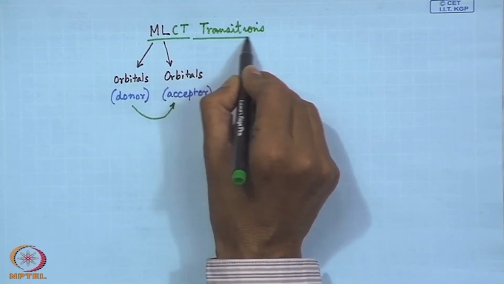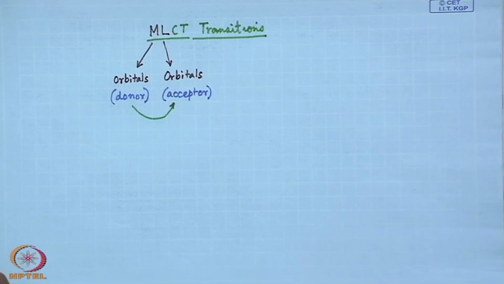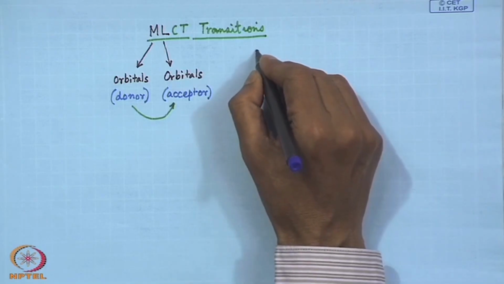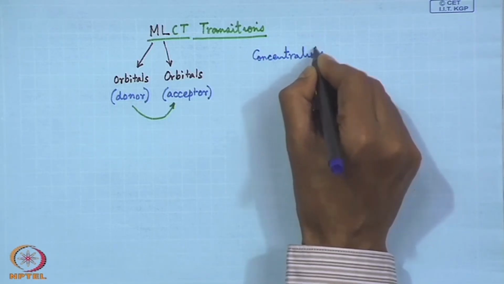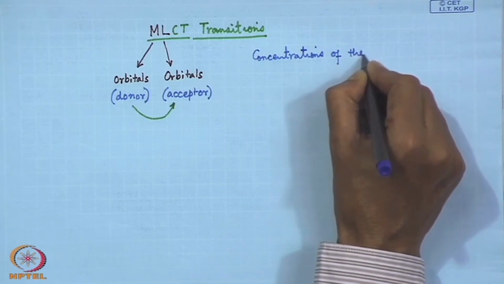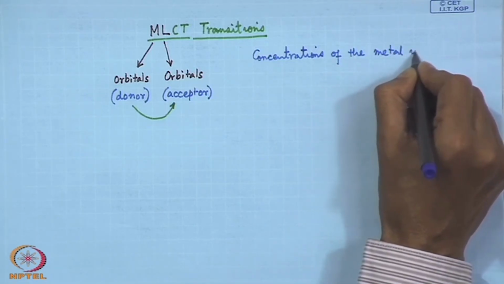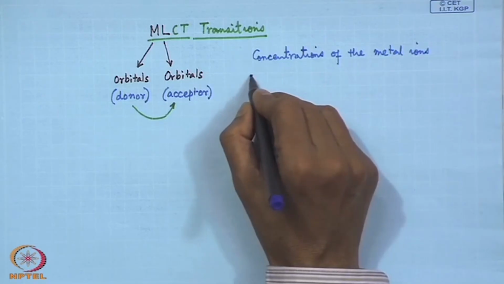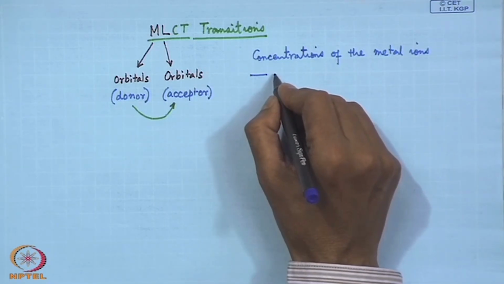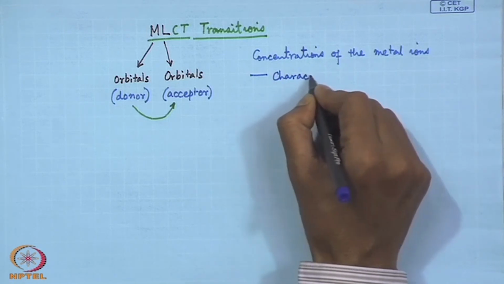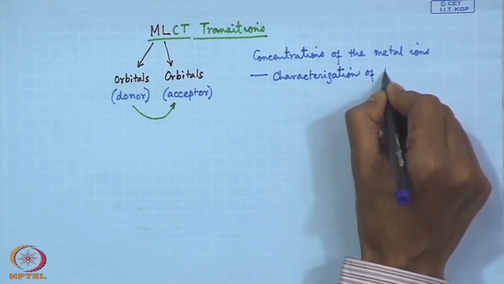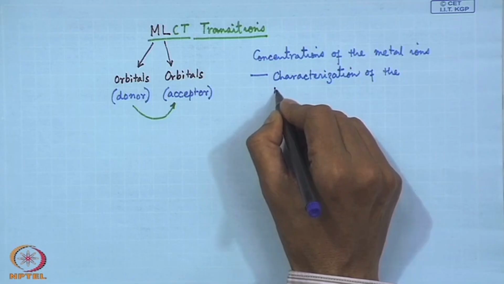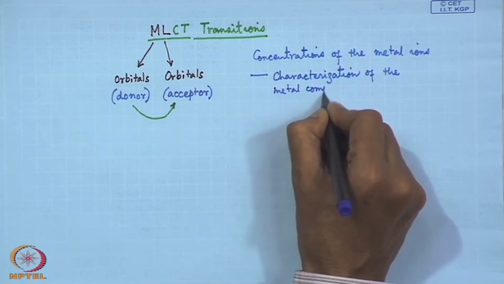And there are several examples of such transitions which are very useful in determining not only the unknown concentrations of metal ions, but sometimes also the characterization of metal complexes.